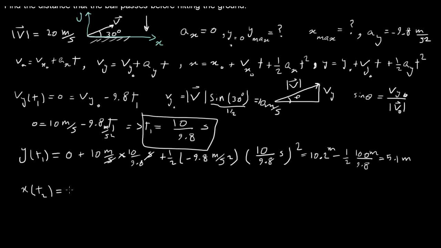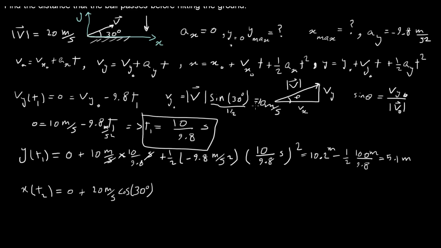So therefore x naught is 0. So plus vx naught. So vx naught is just like here. Instead of sine, I have cosine, because instead of this length, now I should use this length, which is Vx. So Vx naught therefore is magnitude of V, which is 20 meters per second, cosine of the 30 degrees.